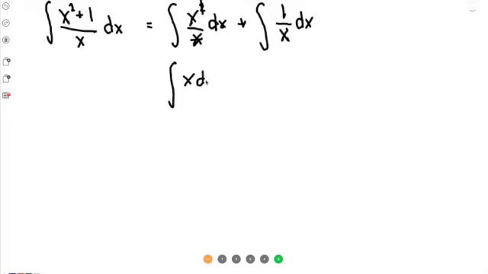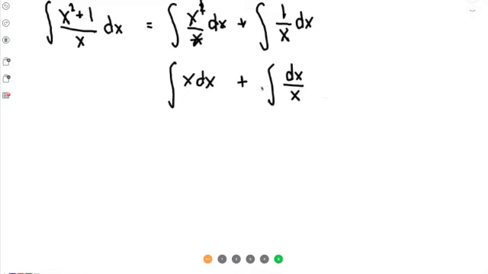Plus this is the integral dx times 1, that would be dx over x. Okay, it looks easier, right? So this one we can just use the simple power formula.